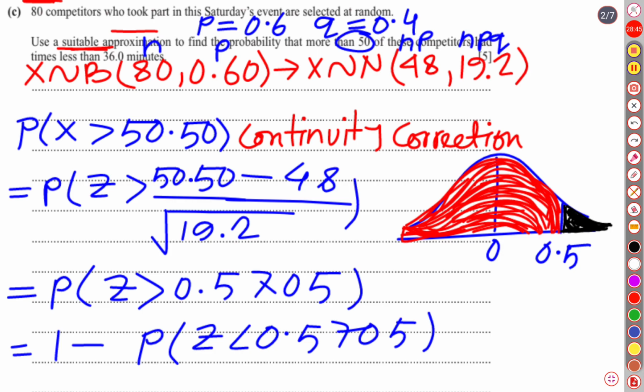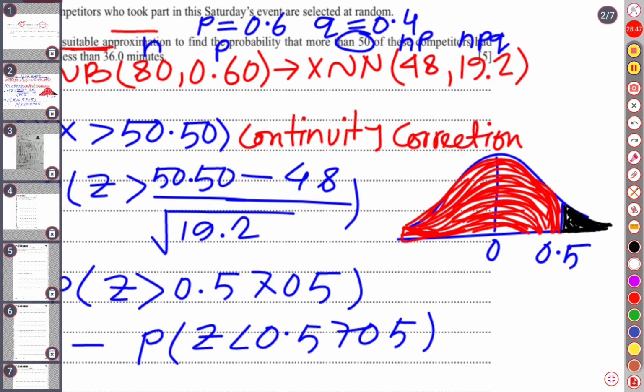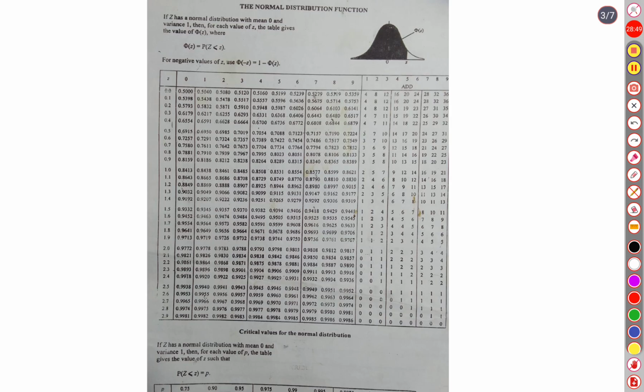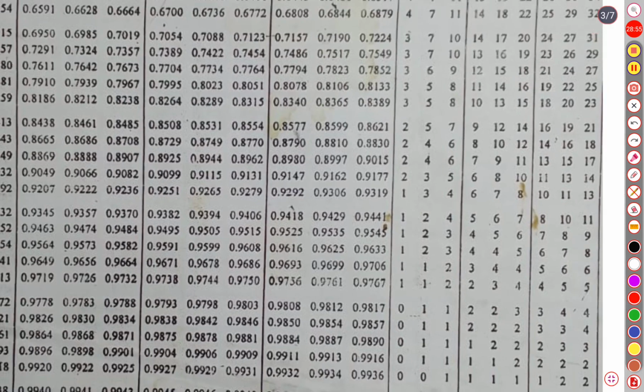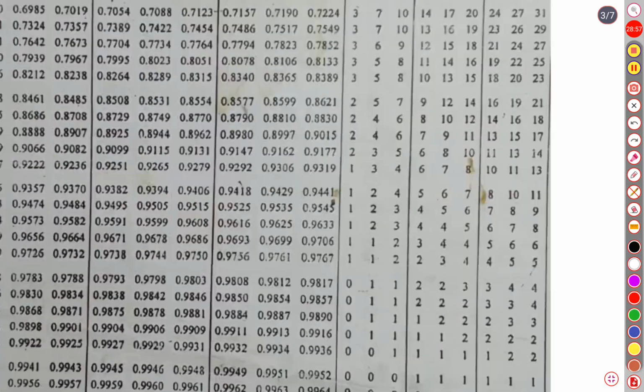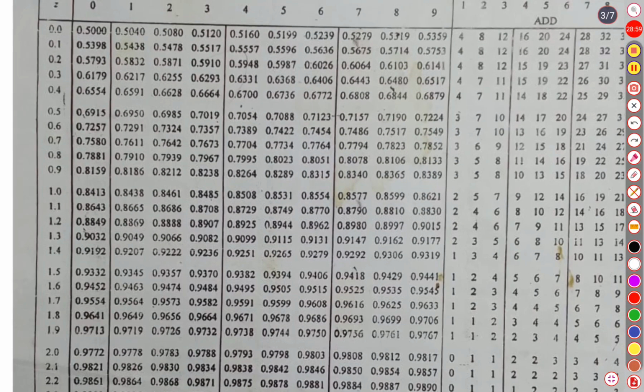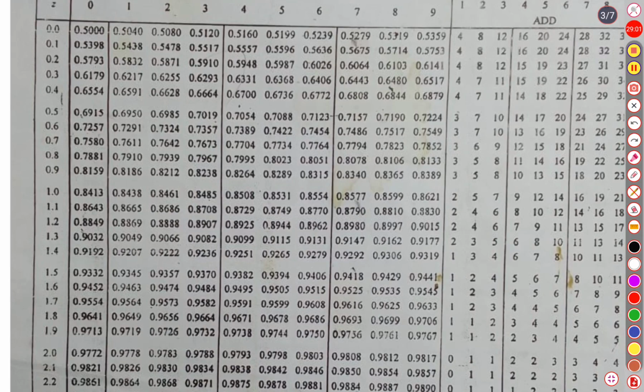Let's see what the corresponding probability is for 0.5705. First of all, our row is 0.5, which is over here.